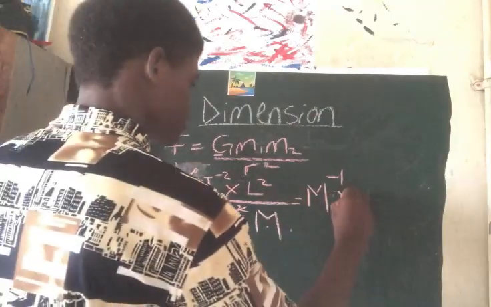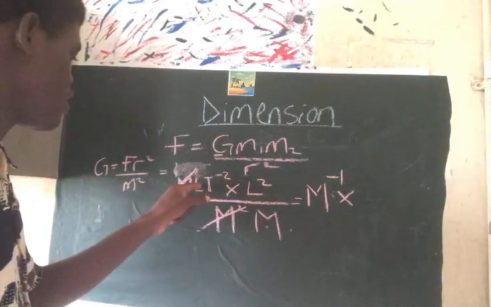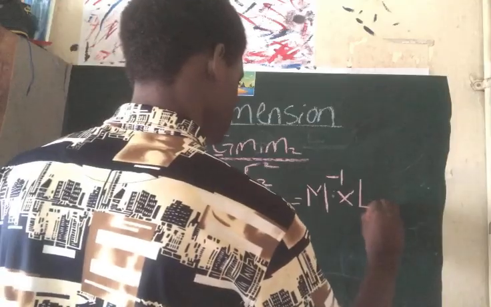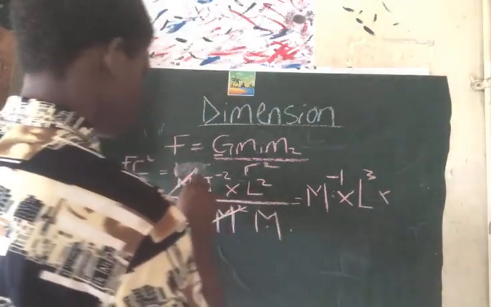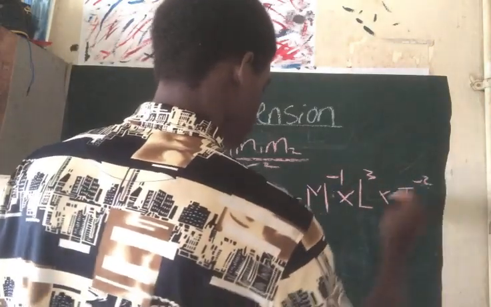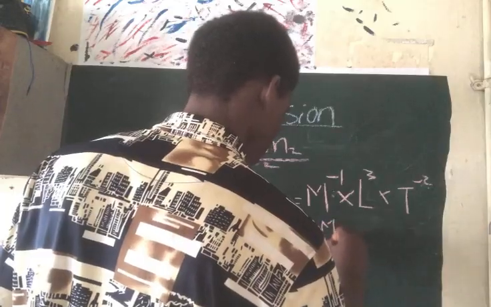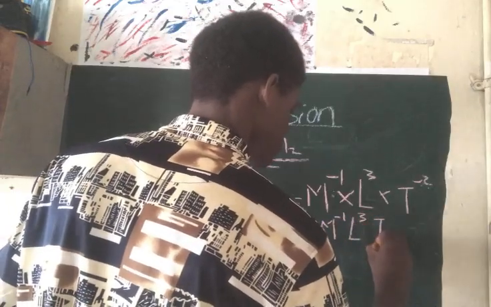Times the length, L times L, that's L raised to the power 3, times the time, T raised to the power minus 2. So the dimension for G is M raised to the power minus 1, L raised to the power 3, T raised to the power minus 2.